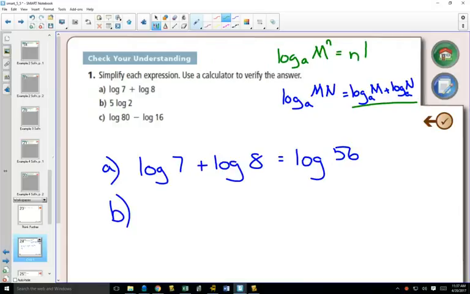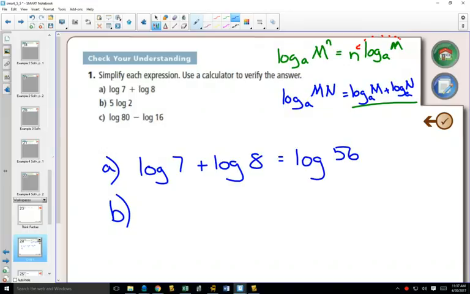And they say that's the same as multiplying N out in front. In other words, that exponent has come from the exponent out in front and is now multiplying. So in question B, we see a number in front. If you have that number in front, that's your N right there.